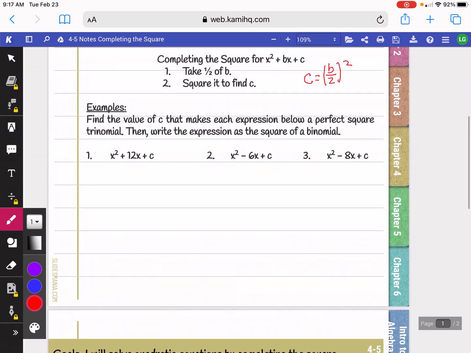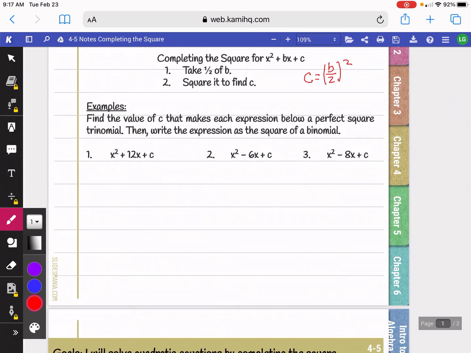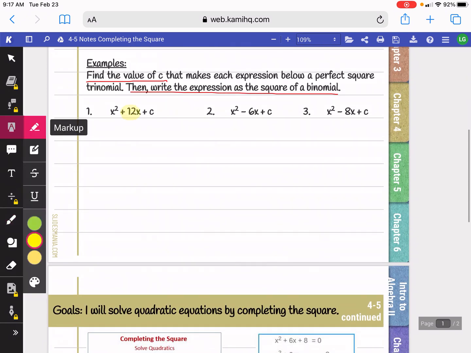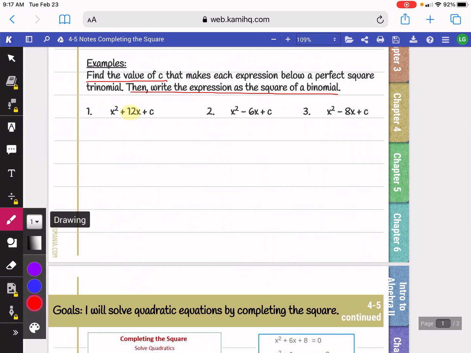So here, let's practice doing that. We're going to find the value of c that makes these expressions a perfect square trinomial. Then we'll write them as a binomial squared, sorry. So here, if we look at this problem, I'm going to focus on my b. Right now, it's a 12. So I'm going to do 12 divided by 2, and that's 6.